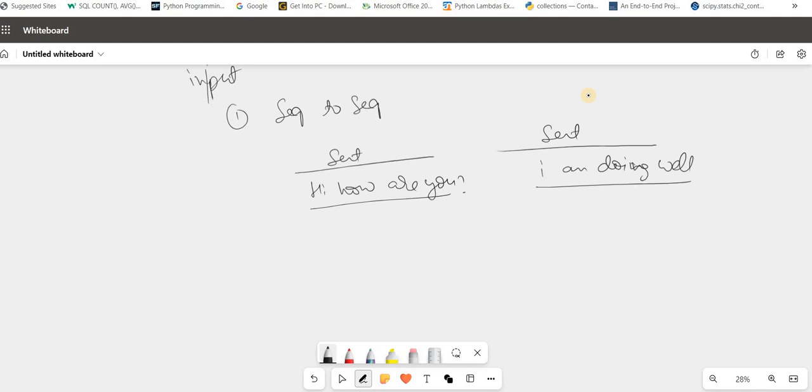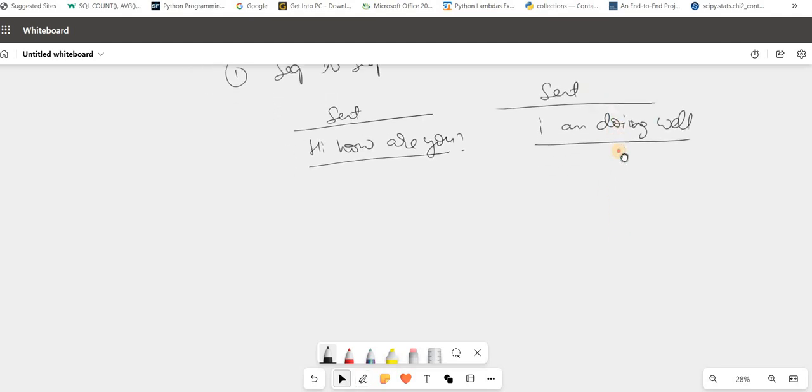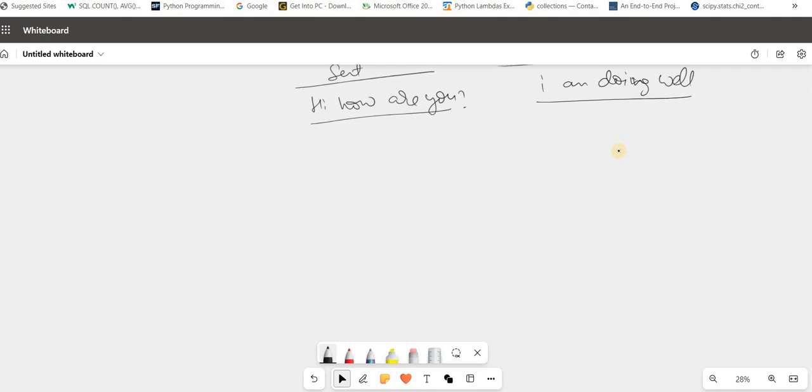So to solve this kind of problem, we use encoder decoder. But for using encoder and decoder, there were three major problems. The first problem was that the length of the sentence will vary in input and output.